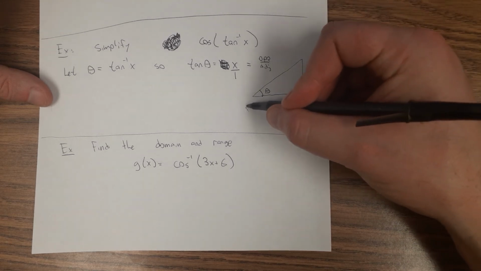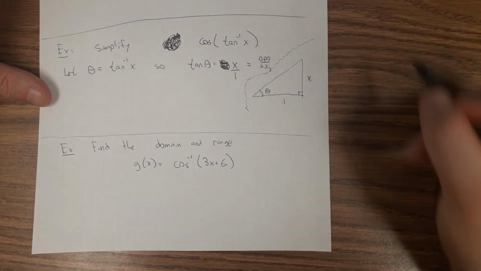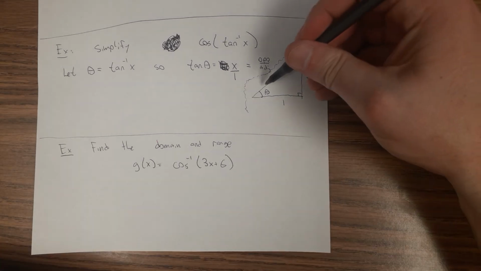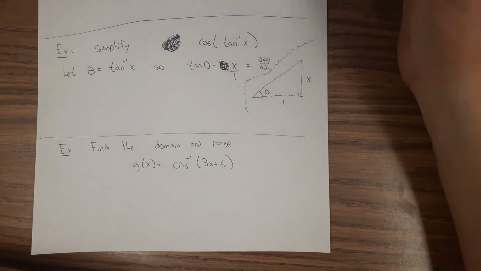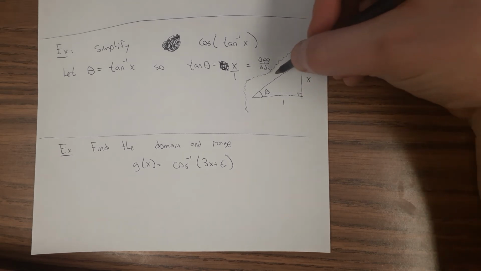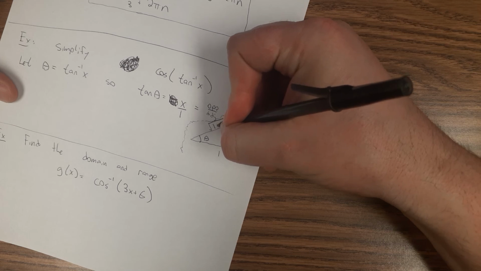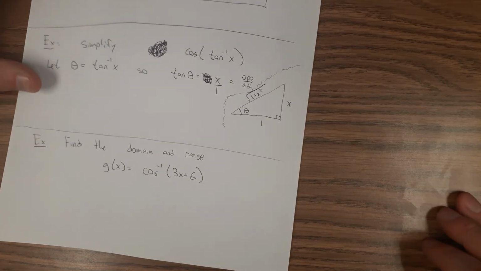Now, the triangle's getting a little encroached on, so let me cordon off some space there because I wanted to put down something for the hypotenuse. You can use the Pythagorean theorem. This squared plus this squared equals this squared. So I trust that we are all good enough to say that means this is the square root of 1 plus x squared.